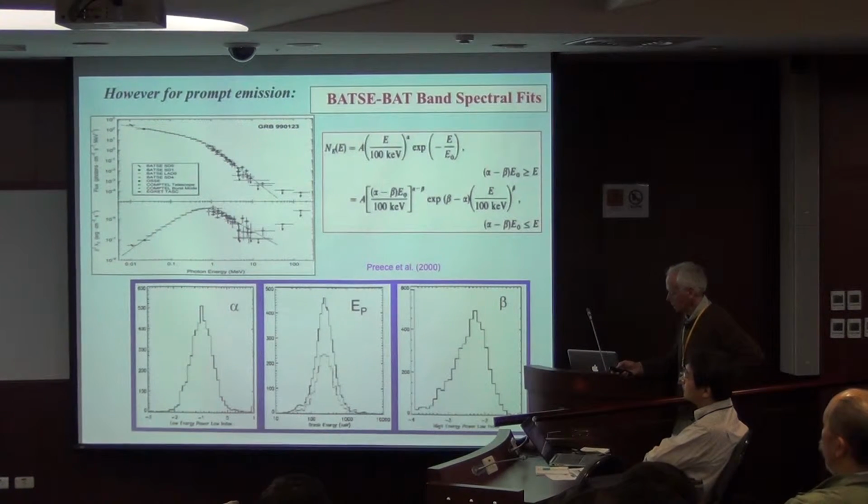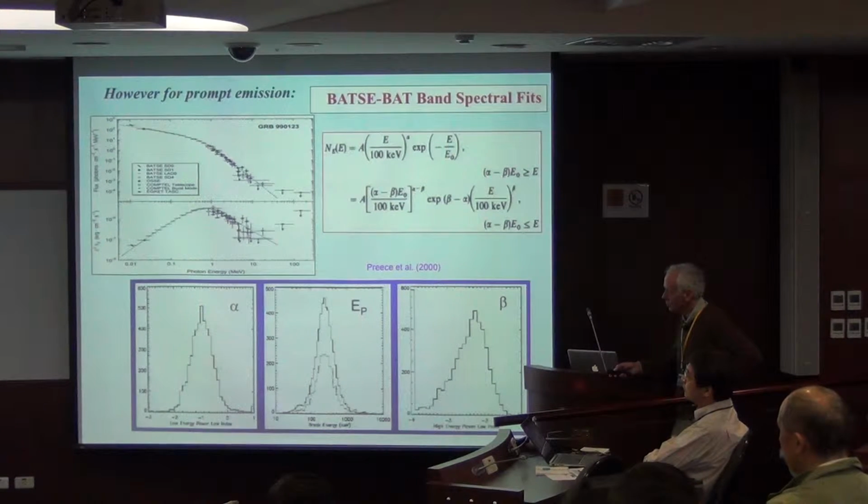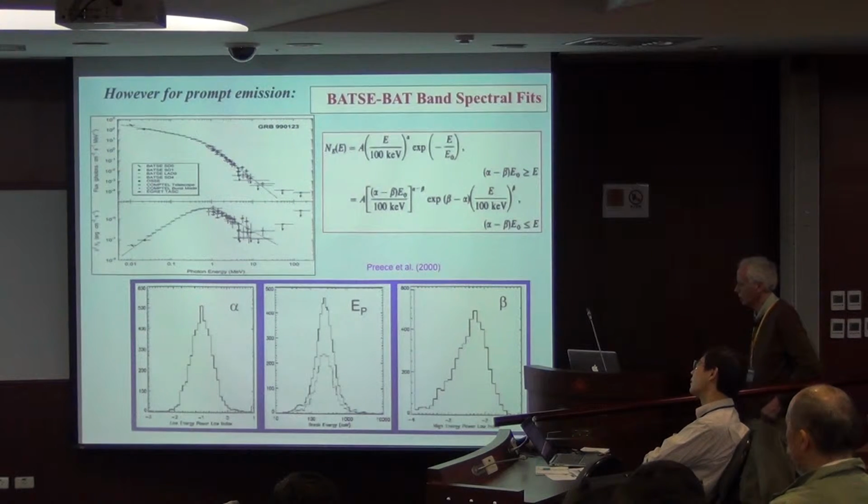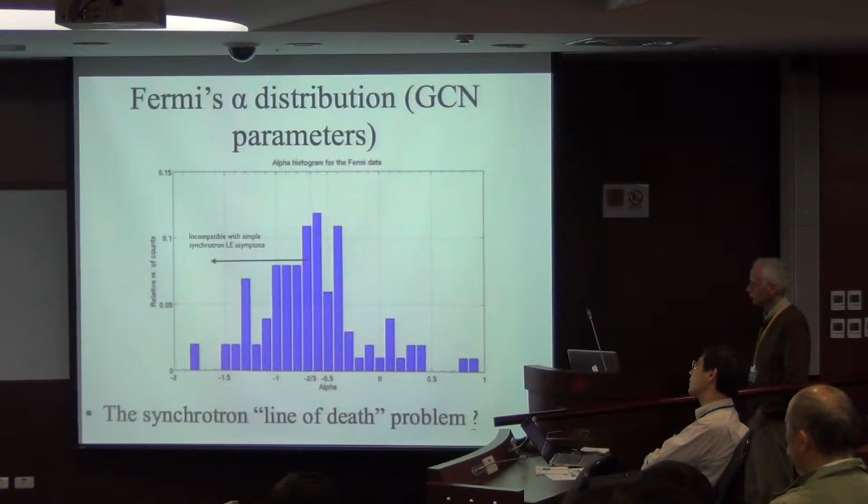But of course, if you have a distribution of energies, so the gamma min, you have a distribution of them, you could have some values that can accommodate that.